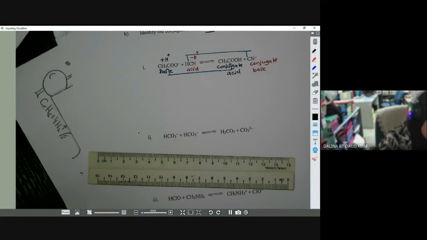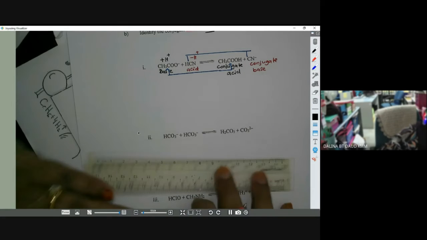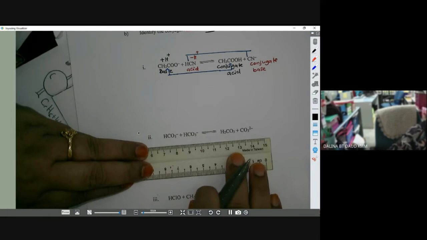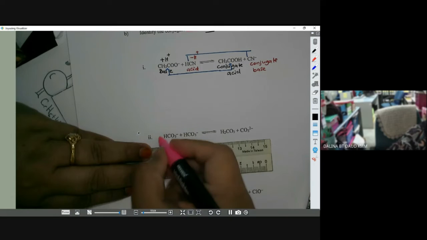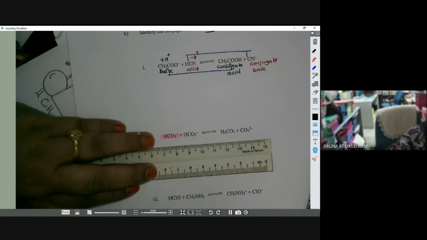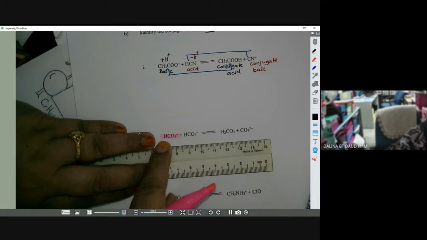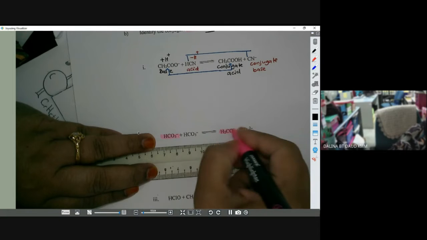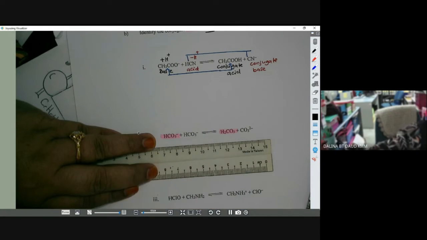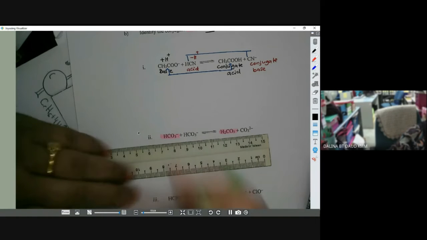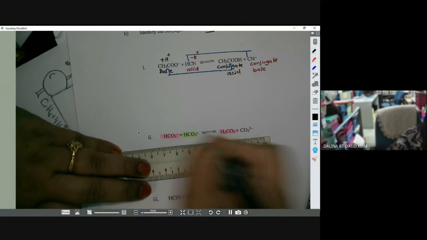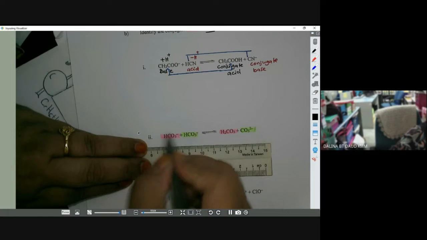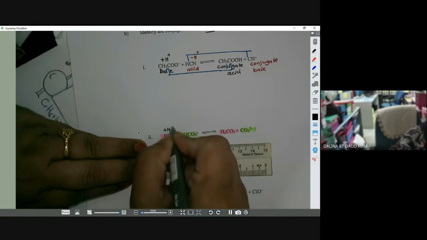No. Okay. We go to another one. So same goes to this one. Okay, kalau kita buat pasangan dia. Okay. So ini HCO3 minus. So produk dia ada sama kan? Dia sama tapi satu terima, satu lagi buang H. So, kalau ini dia tambah H plus, yang ini tolak H plus.